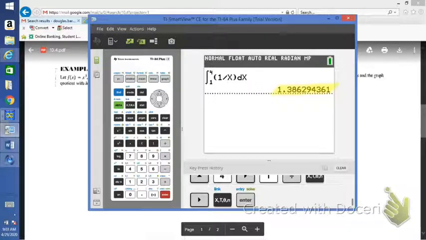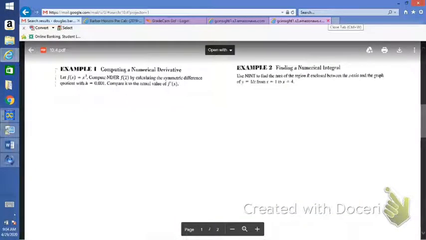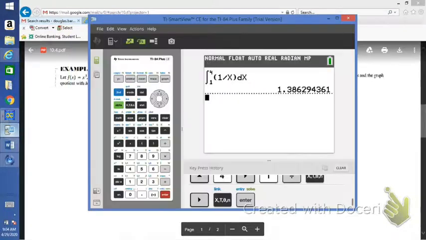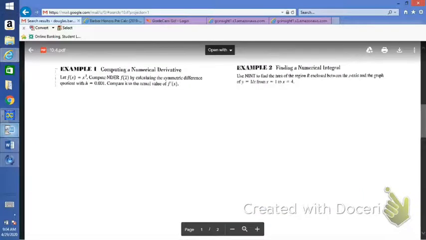And here's what you need to do. So you'd go ahead and you'd hit math. And then you're going to hit the nint key or the FNINT key.